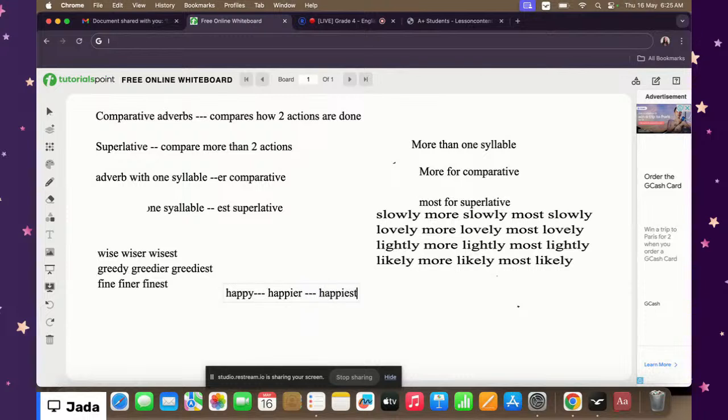So whenever the main base word comes with y, you change the y to I. Just like when I had greedy here and I changed the y to I. So you can have happier and you can have happiest.